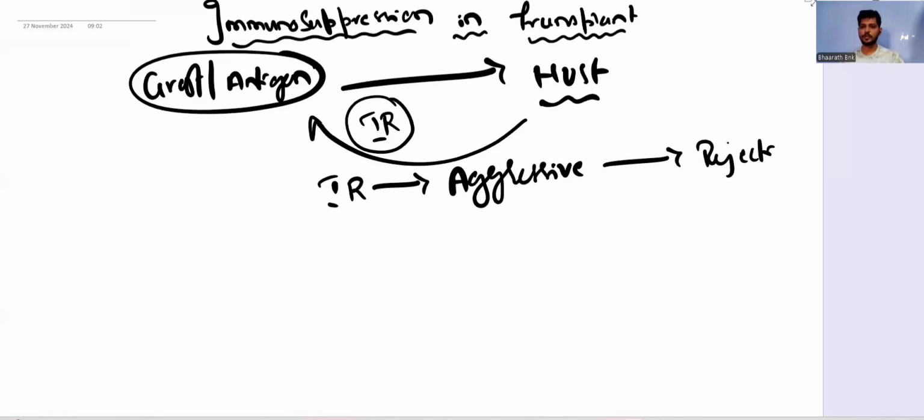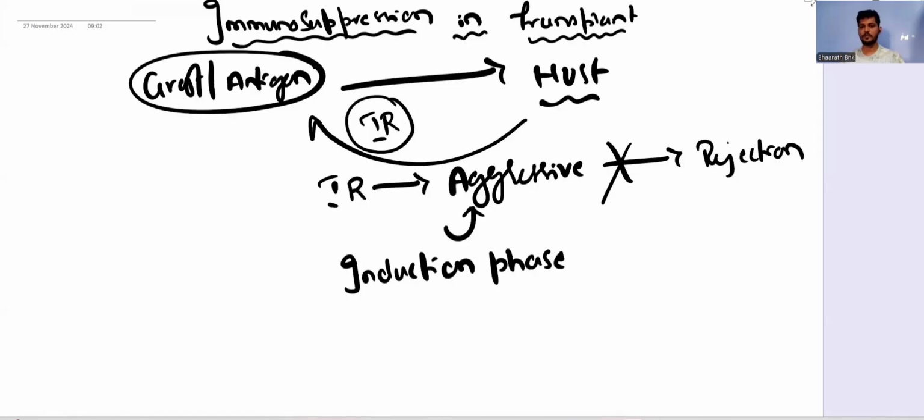So, if you want to prevent this rejection, we need to use drugs which are very aggressive. In the initial phases, we use drugs that inhibit this immune response against the graft and prevent its rejection. Those drugs are called induction agents, and this is called the induction phase.